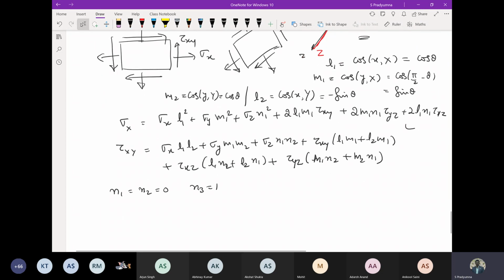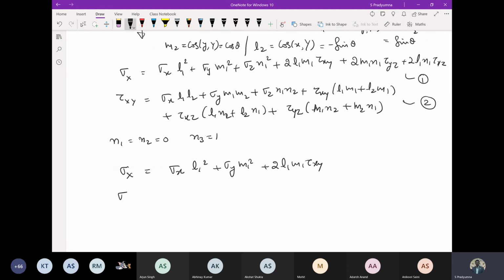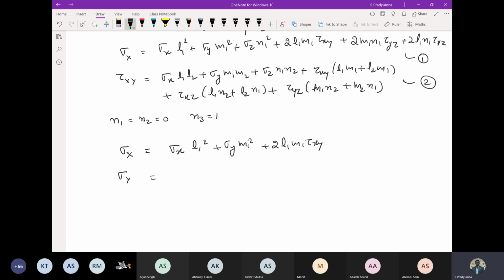Now I can consider this equation 1 and this is equation 2. I can put these values in equations 1 and 2. I also know that tau xz is 0, tau yz is 0, sigma 3 is equal to sigma z is equal to 0. I can write that sigma capital X is equal to sigma x L1 square plus sigma y m1 square plus 2 L1 m1 tau xy, and similarly sigma capital Y, there is an equation for Y also, or you can substitute theta with theta plus 90 degree.